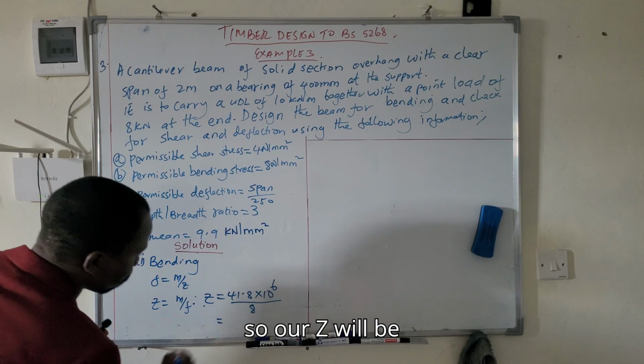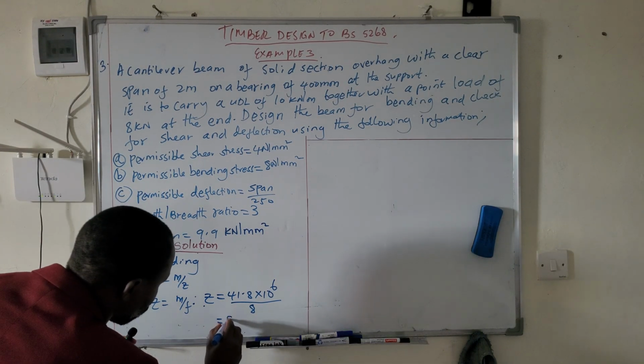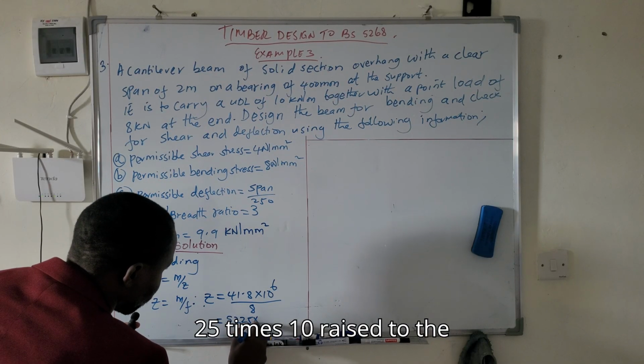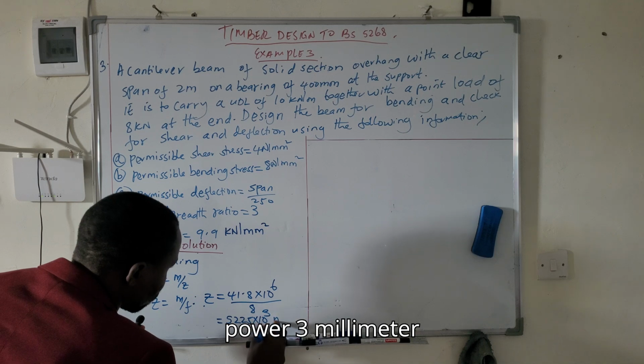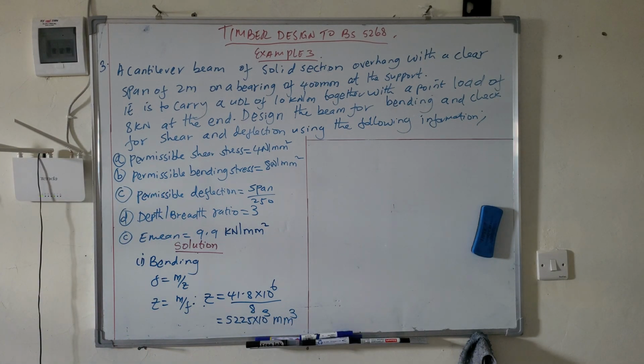So our Z is 52.25 times 10 raised to power 3 millimeter cubed.